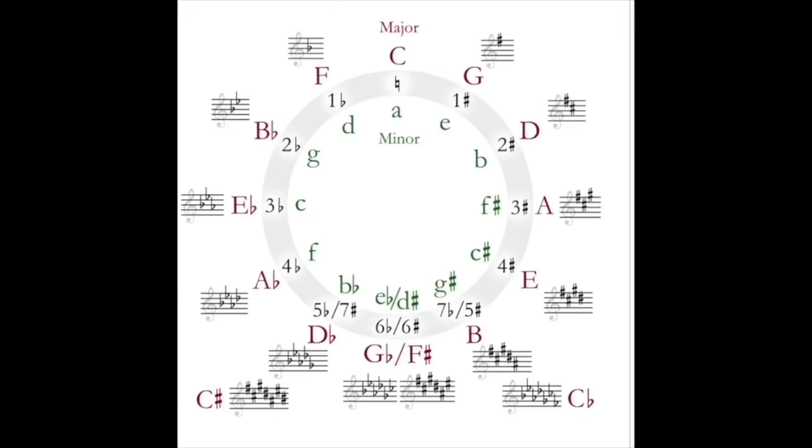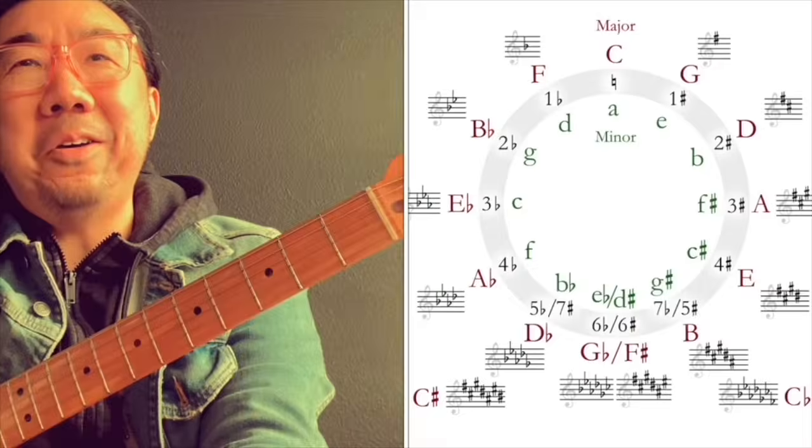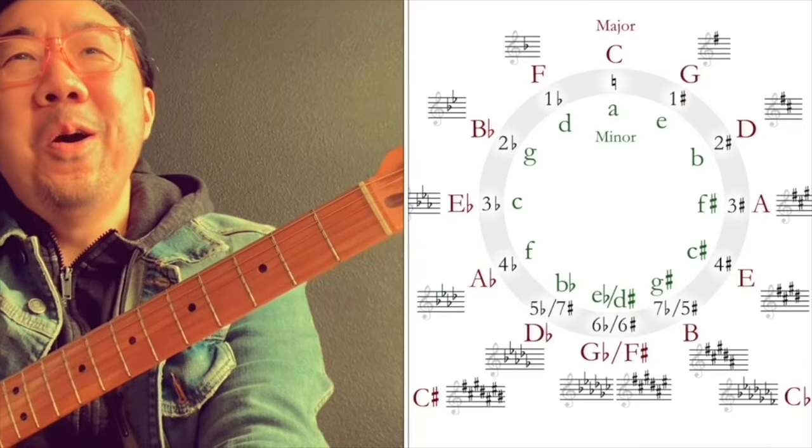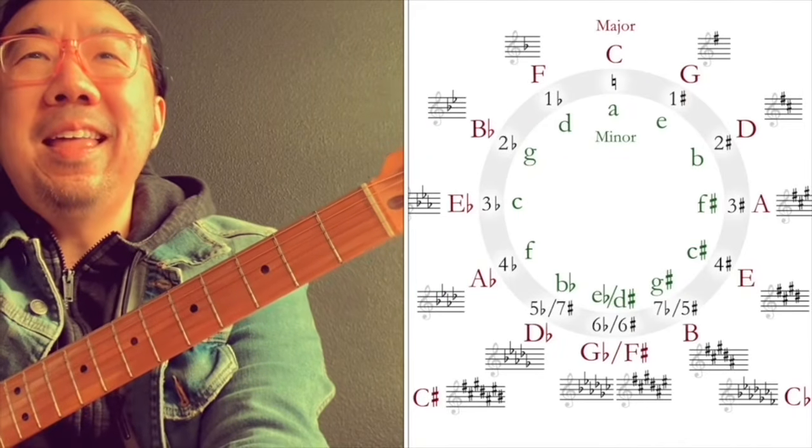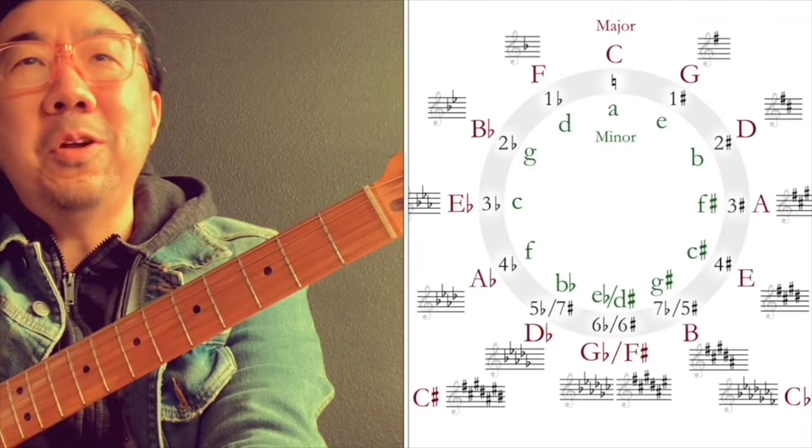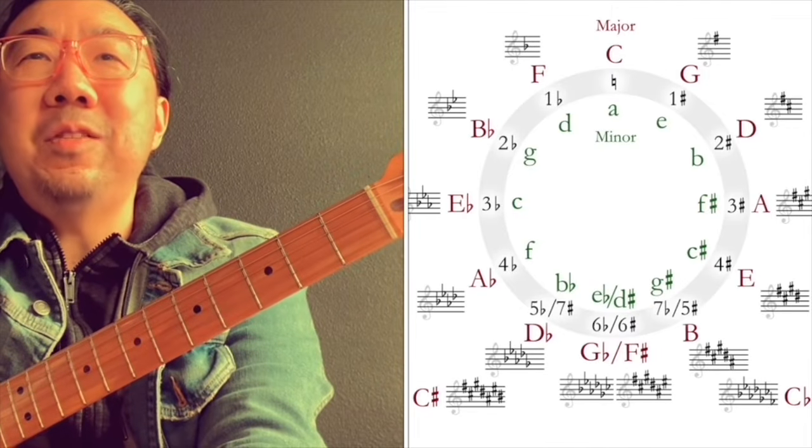Well, we already learned that on the first day when we played the C major scale. Well, at least as I told you that it has no sharps and no flats, because when we follow the formula for the major scale, whole, whole, half, whole, whole, whole, half, C has no sharps and no flats, okay? That's a very important one.